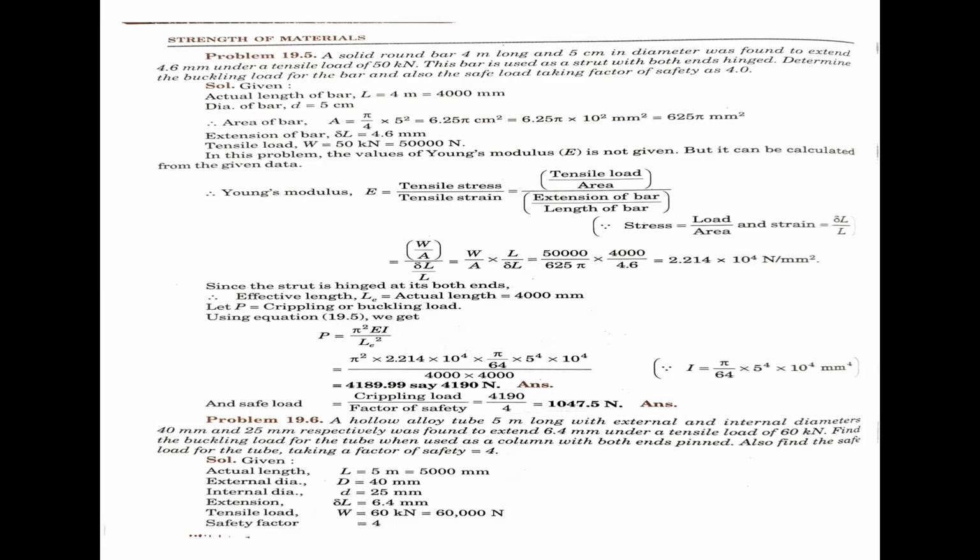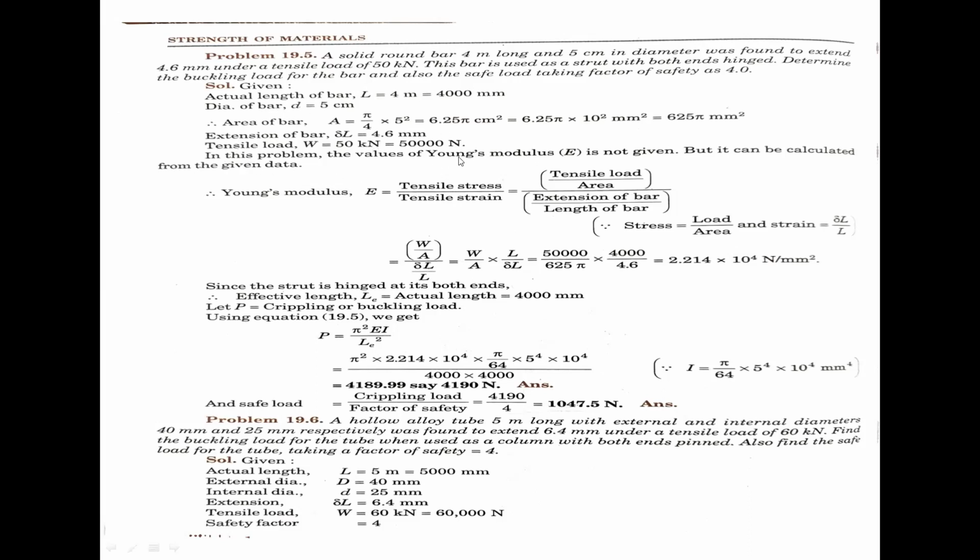Now extension of bar is given, delta L, change in length, 4.6 mm. Tensile load W equal to given 50 kilonewtons, converted to newtons, 50 into 1000, 50000 newtons.